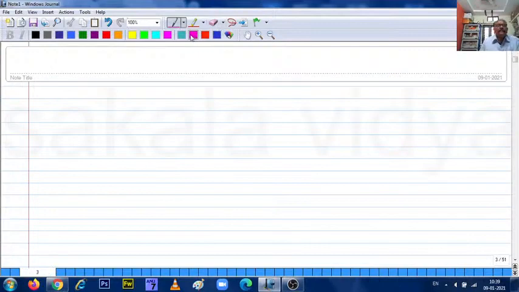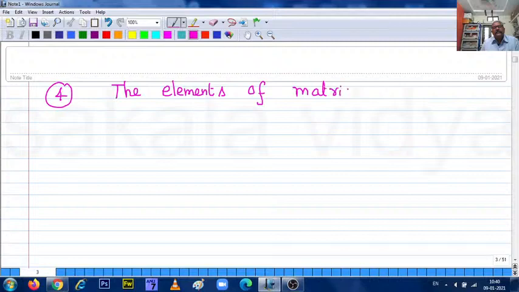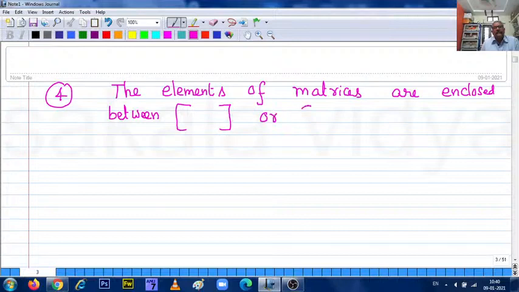Next, the fourth observation. The elements of the matrices are enclosed between this kind of brackets, this bracket or this bracket, called parentheses.